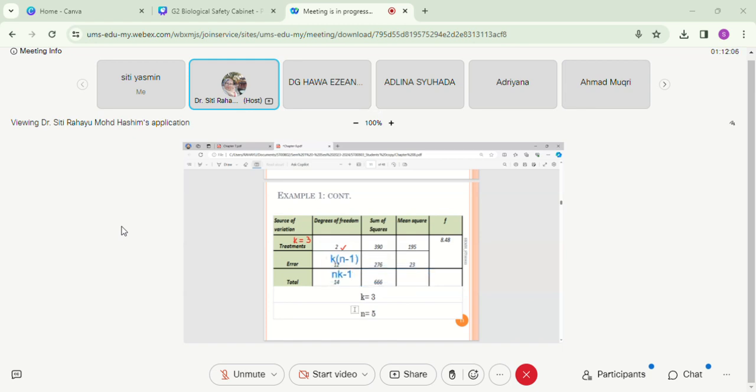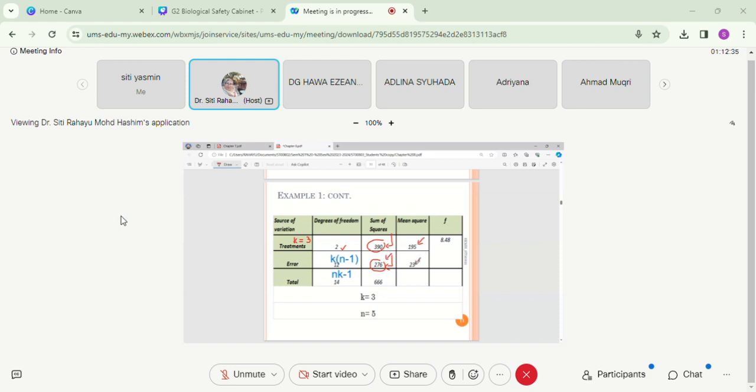Right. So from the sum square of error, you need to practice on how to get these two values manually, so that you can strengthen your understanding. Now, this value divided by 2, you get 195, and 276 divided by 12, you will get 23.